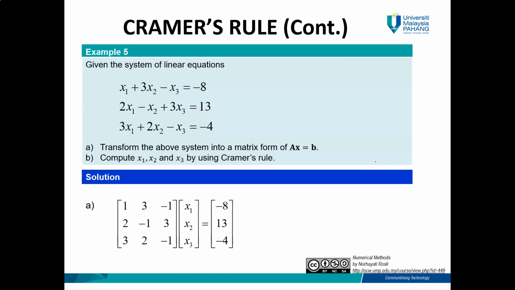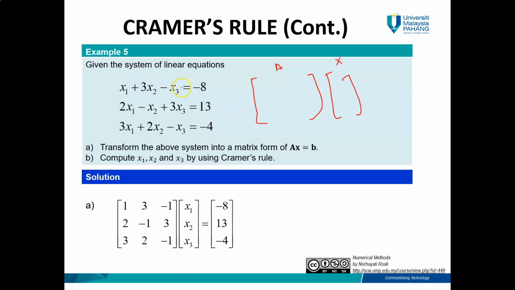Let's go to this example, class. Given a system of linear equations, the first question asks you to transform the above system into matrix form Ax equal to B. So for this case, we can write Ax equal to B. This is A, this one is x.